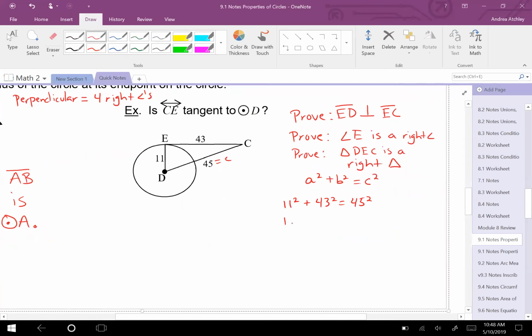So that's 121 plus, what's 43 squared? 1,849. And what was 45 squared?